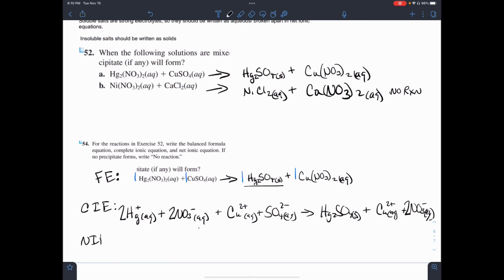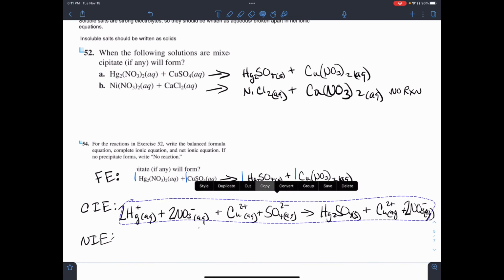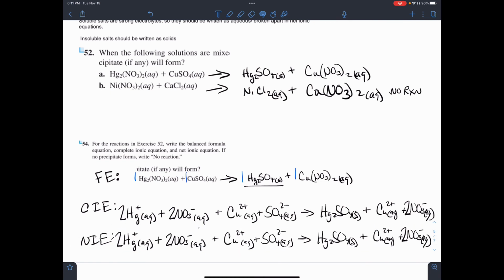net ionic equation is the one in which we write the equation with no spectators. So I'm just going to copy and paste this one, and I will identify and remove all of the spectators. Spectators are ions that are present on the left side, and present on the right side. For example, this nitrate is on both sides.